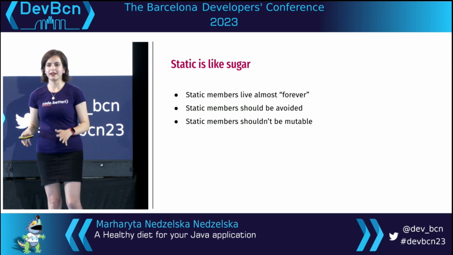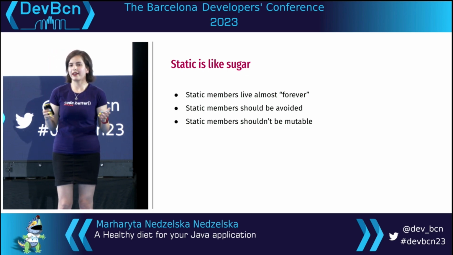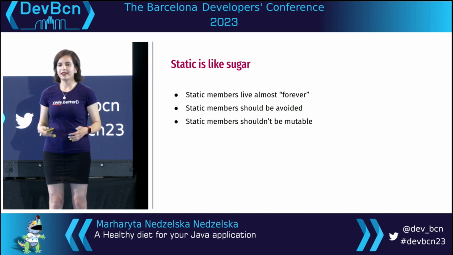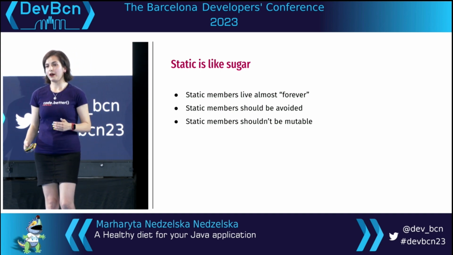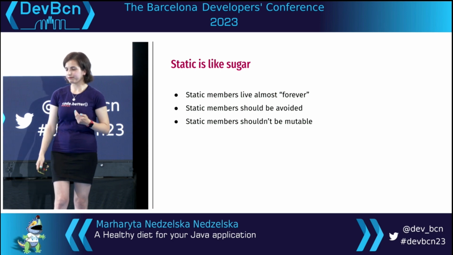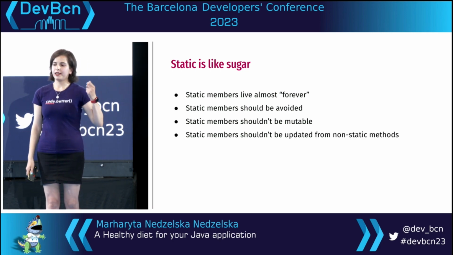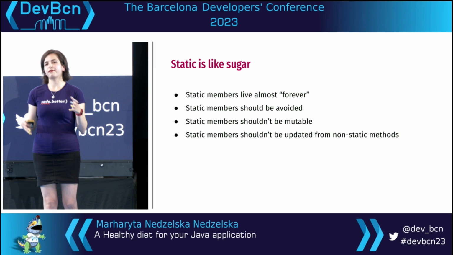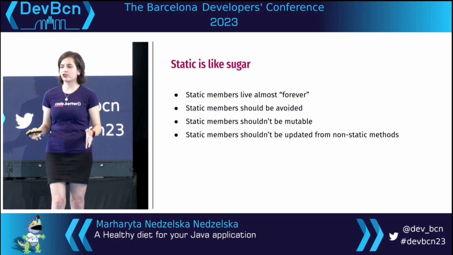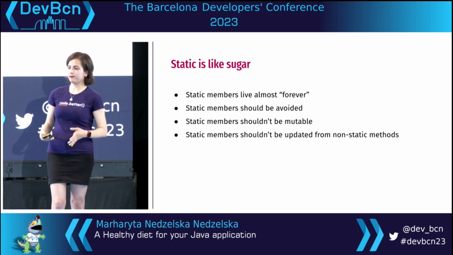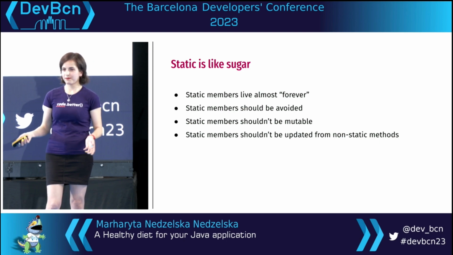Don't use lists or maps or any collection that can increase the amount of memory. And even if it's mutable, if it's a list, please make sure they're not updated from non-static methods.